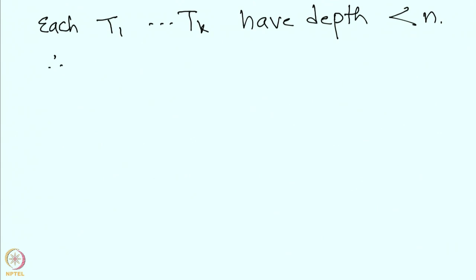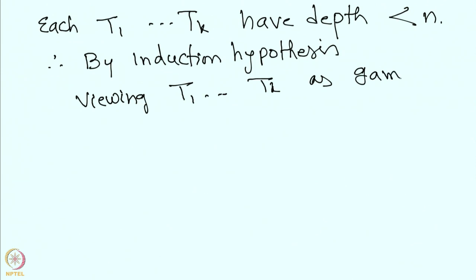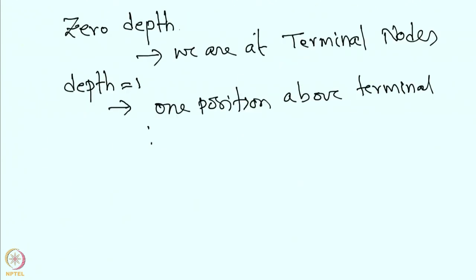Therefore, by the induction hypothesis, viewing these T1 to Tk as games on their own, one of the three holds. So what do we mean by one of the three? Let us go back to the statement.